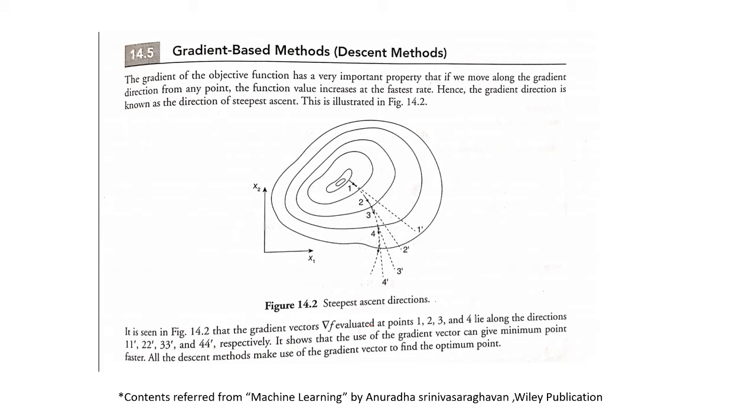The gradient of the objective function has a very important property: if we move along the gradient direction from any point, the function value increases at the fastest rate. In yesterday's lecture we saw a diagram where I need to move from one point to another. The red dot was my objective, my goal.